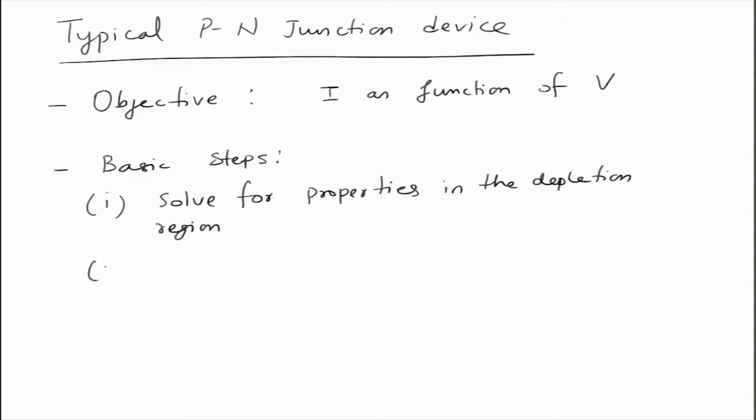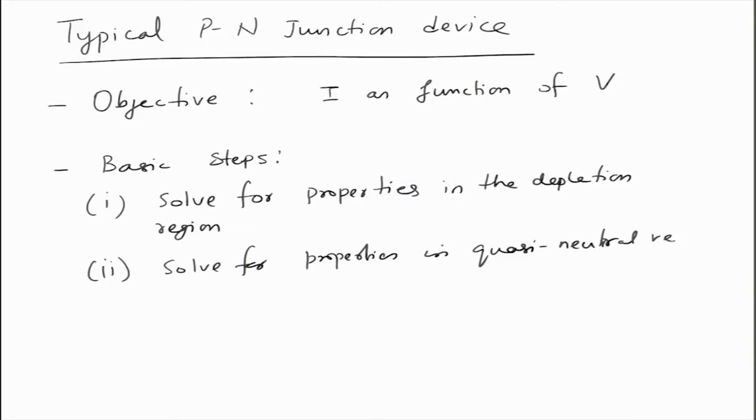Then we solve for properties in the quasi-neutral regions, which is the bulk region, okay, because now they do not remain neutral, they become quasi-neutral because you have flooded this with light, okay. And third is find the total current, all right. So, this is how we go about it.